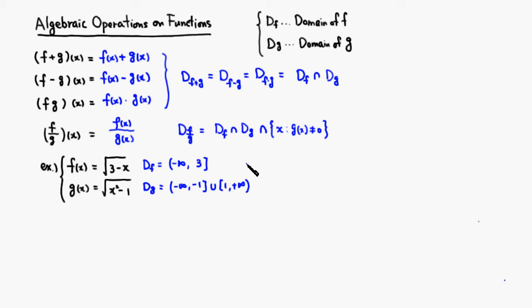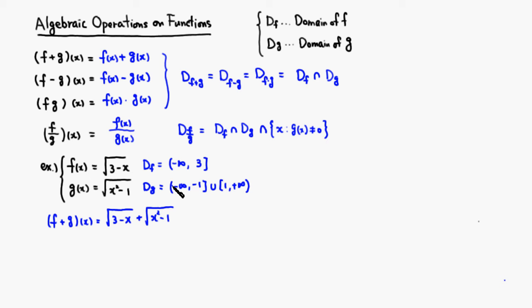Let's find, for example, f plus g. If somebody says find f plus g of x, that's simply the addition of these two functions: the square root of 3 minus x plus the square root of x squared minus 1. Very easy.